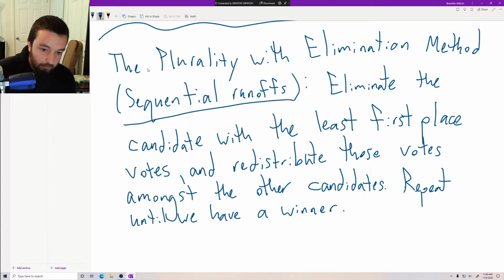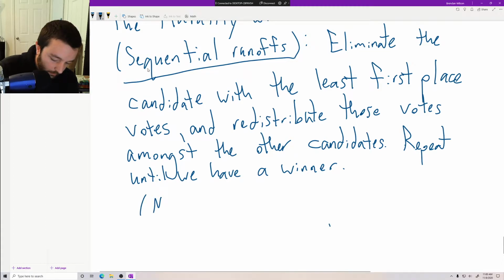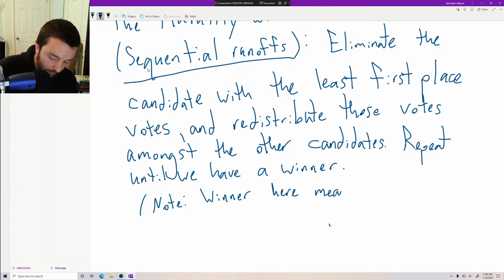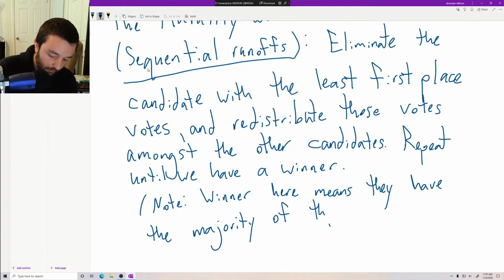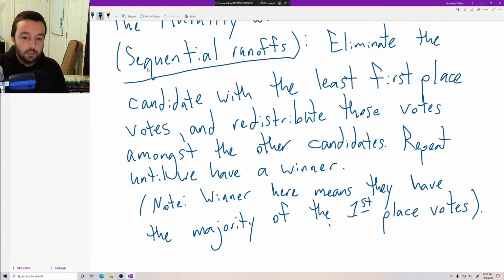You should note winner here means they have the majority of the first place votes. Majority of the first place votes.